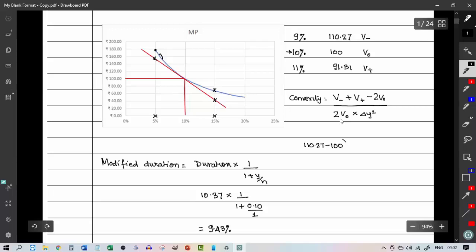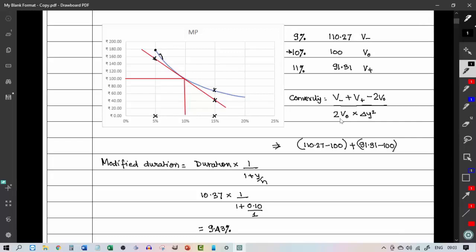So that's a positive change. Plus the next change is 91.31 from 100, so we can write it as 91.31 minus 100. Now if you notice, this measures change both ways, right?